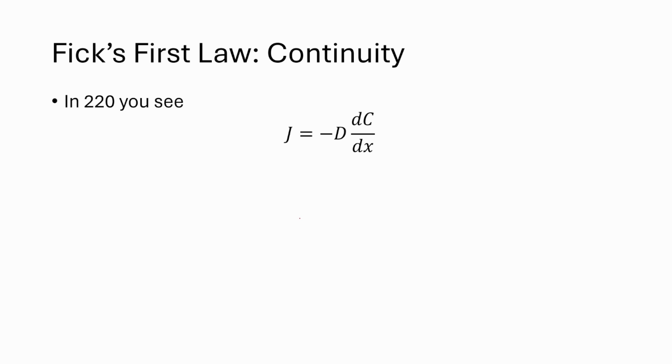Or another way to say that is that when you have particles moving from one place to another under diffusion, then you know there must be some difference in concentration between the two places that leads to that motion of particles. And the D, the diffusivity coefficient, that's the strength of that proportionality.